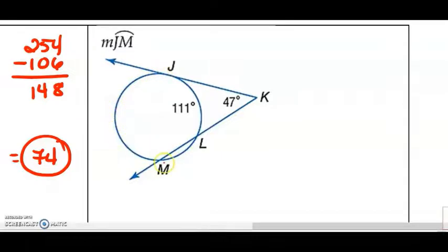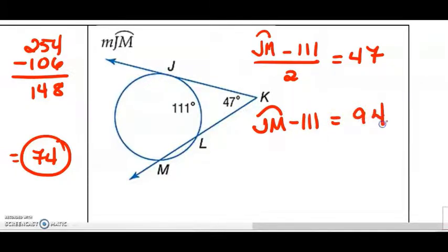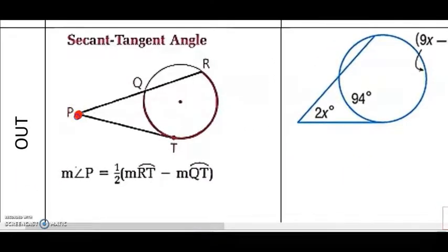Here we're looking for arc JM. Multiply both sides by 2. Add 111 to that. Here again, the vertex is on the outside.